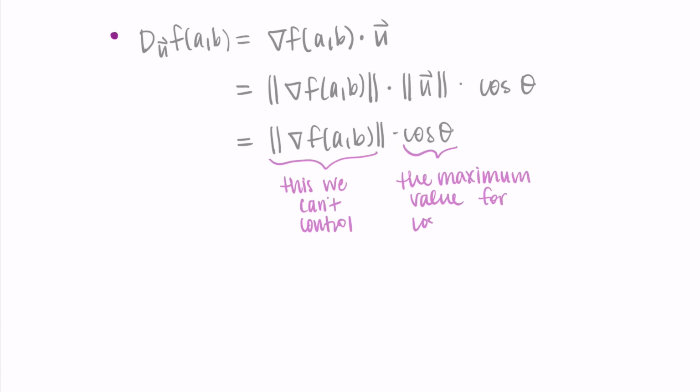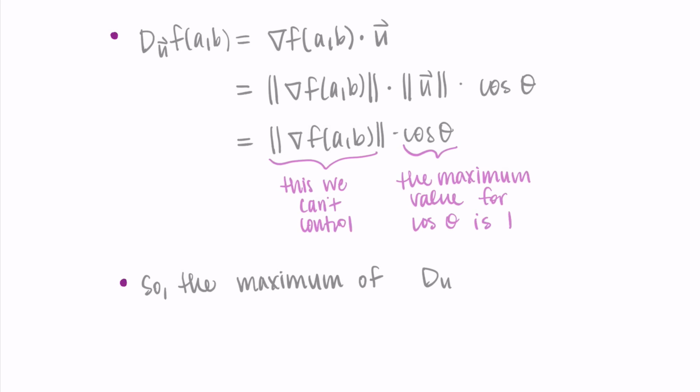Since I'm trying to determine which direction to go in anyway, I want to pick the one that makes this the maximum value. So the maximum value for cosine of theta is 1. That's the maximum it could possibly be. And so if we put in 1 for cosine here, we just have the magnitude of the gradient of f as the maximum of our directional derivative.